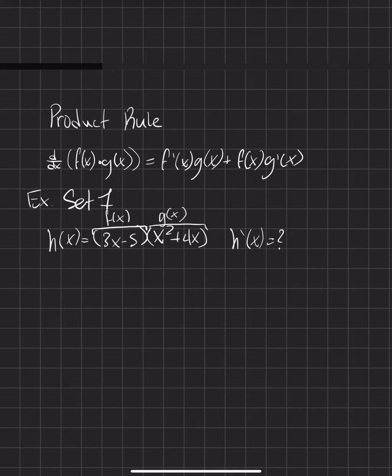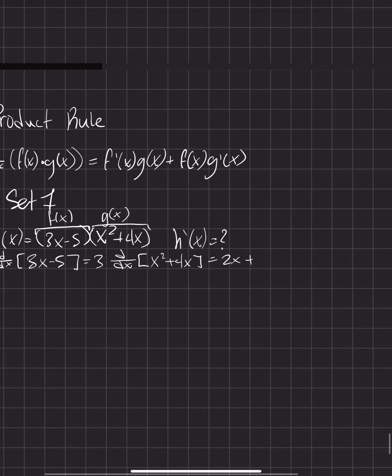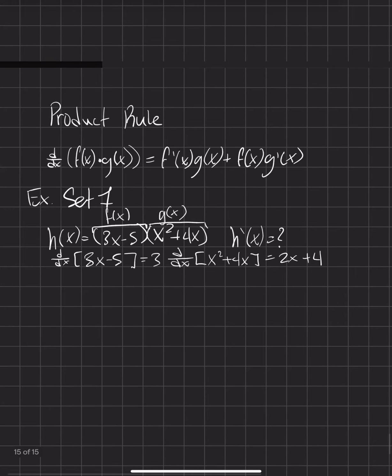It's only for your brain to help, right? And so then you can break this apart and say, I want the derivative of this 3x minus 5, and this is going to give you 3, and then you can take the derivative of your other part, your x squared plus 4x, and then say that, okay, this is just 2x plus 4, right? You got all that. Now you have all your pieces here.